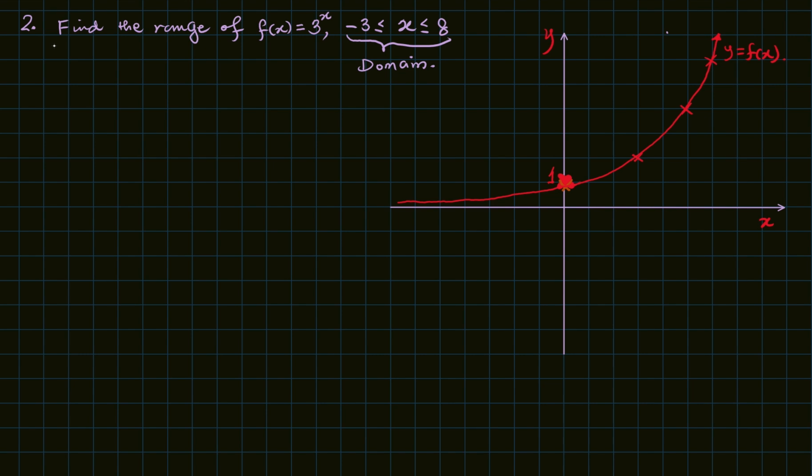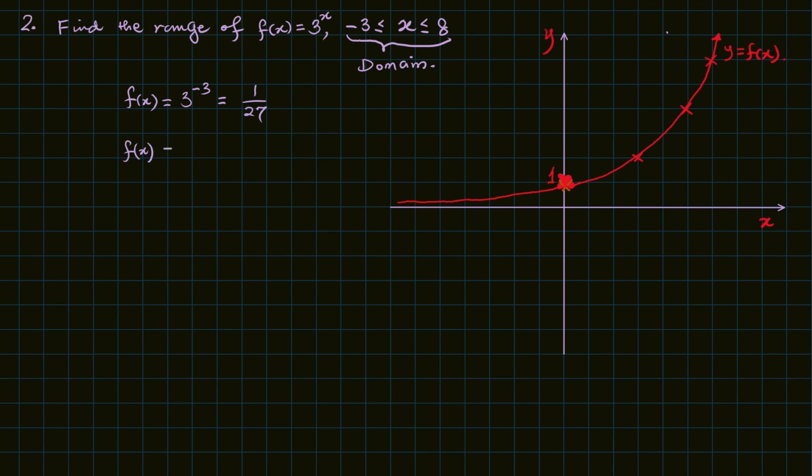This is actually easy compared to the first example that we already took. And the first thing you want to do is to look at what happens when x is -3. So as x is -3, you find that your f of x will be 3 to the power of -3, which gives you 1/27. And then we can consider when x is 8.